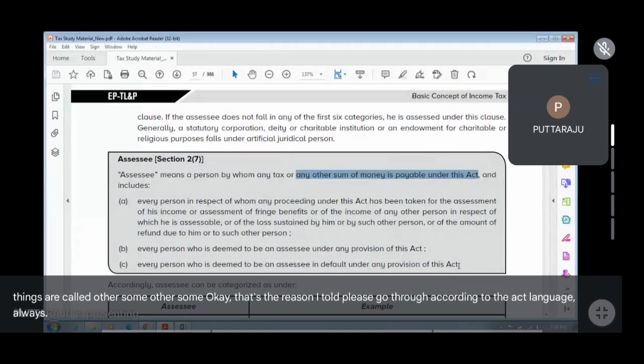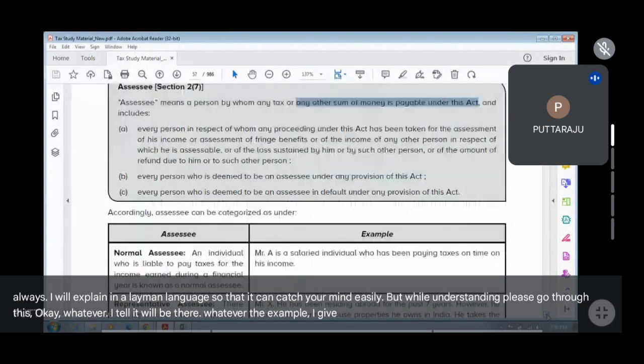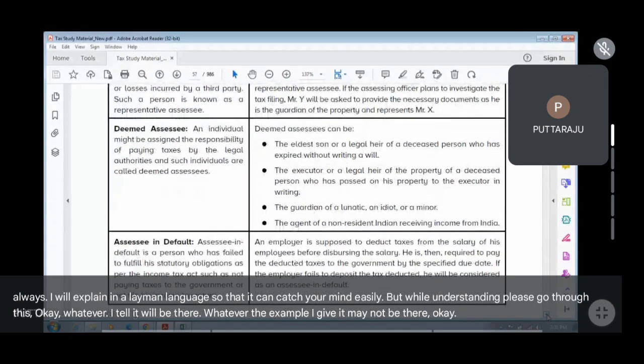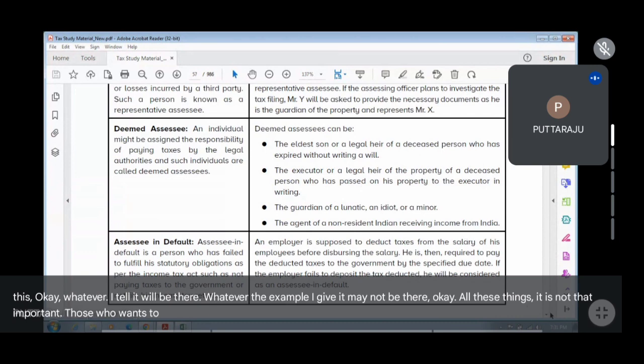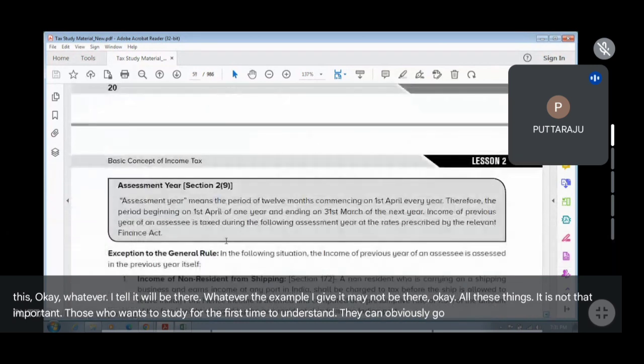I will explain in layman language so that it can catch your mind easily, but while understanding, please go through this. Whatever I tell will be there, whatever example I give may not be there. All these things are not that important. Those who want to study for the first time to understand can obviously go through that.